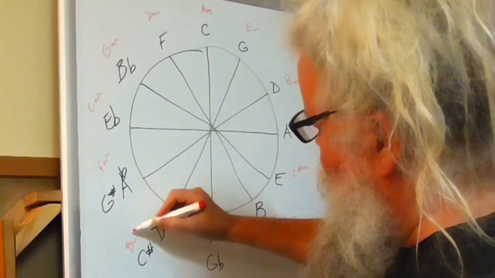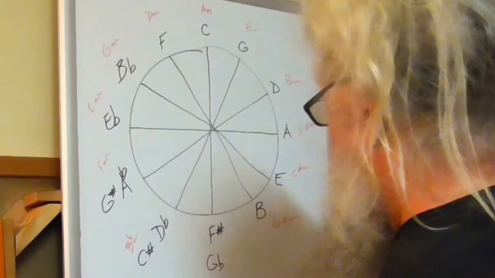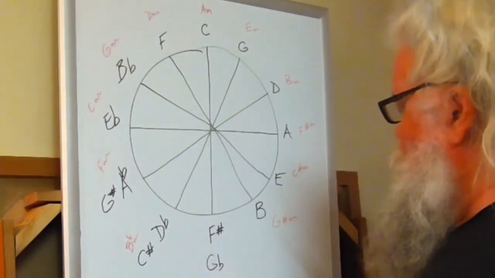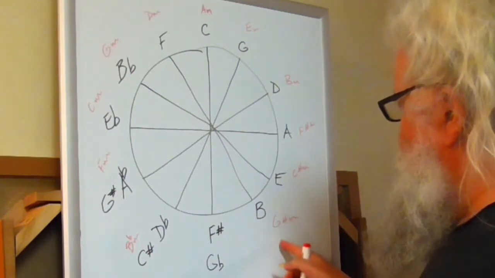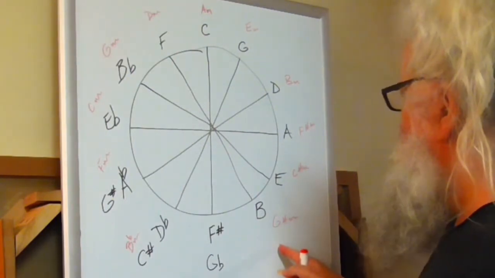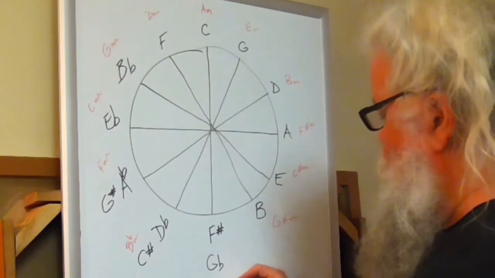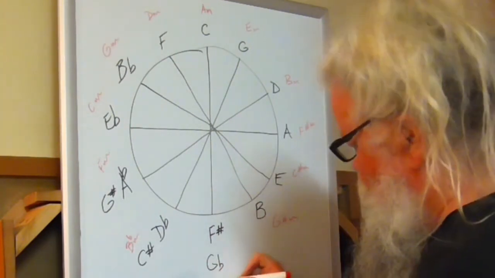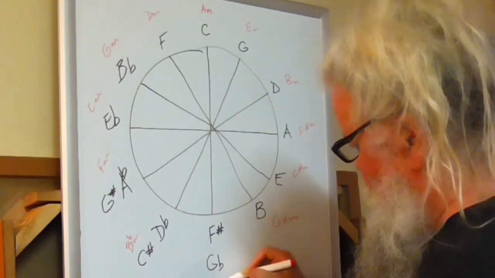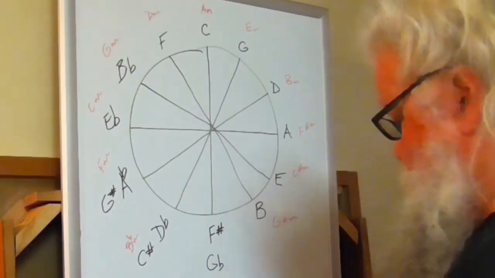I'm just sort of going on this, and the relative minor of that would be, okay, G must be D sharp. Well, yeah, D sharp minor. Okay.